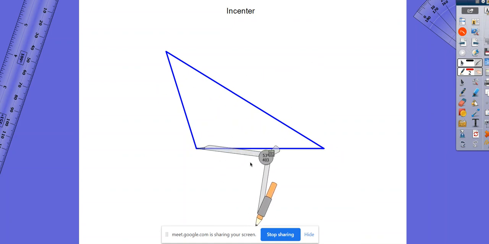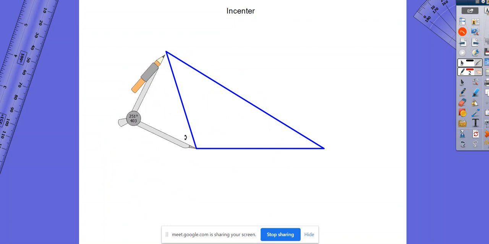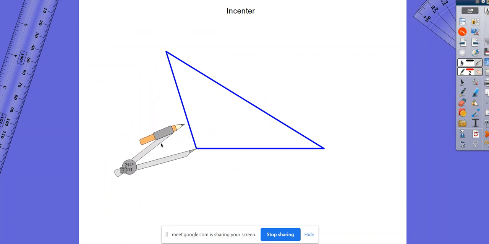So put the metal point at the corner, or the vertex, of the triangle. And we are going to find the angle bisector.